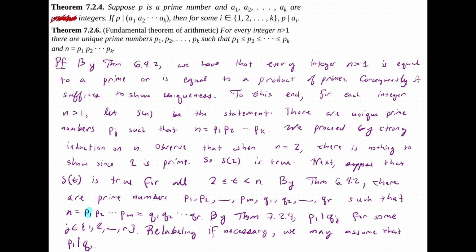Well, if it divided Q sub 5, just swap Q1 with Q5, and so we relabel the primes that we have listed, and so now our Q5 is now Q1. And so we may assume that P1 divides Q1. Since Q1 is prime, we deduce that P1 is equal to Q1.